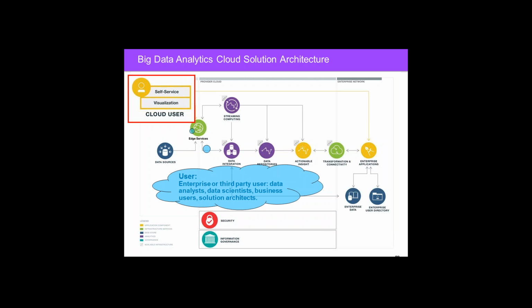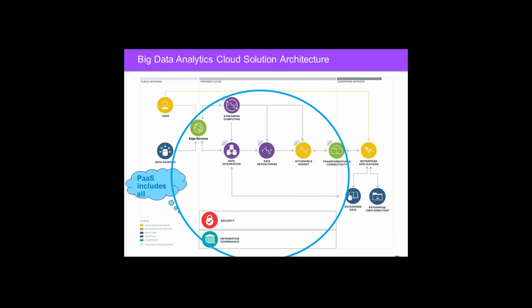Finally, slide 21 provides a platform as a service view. So the emerging PaaS, application PaaS environments such as Bluemix from IBM or Cloud Foundry from Pivotal, these type of systems typically will have all of the capabilities within this big circle made available as services.